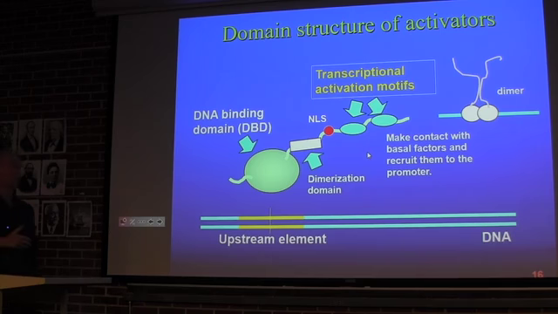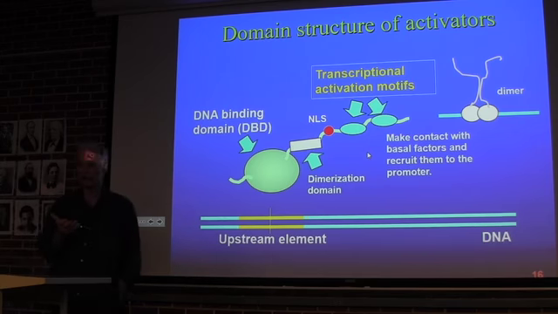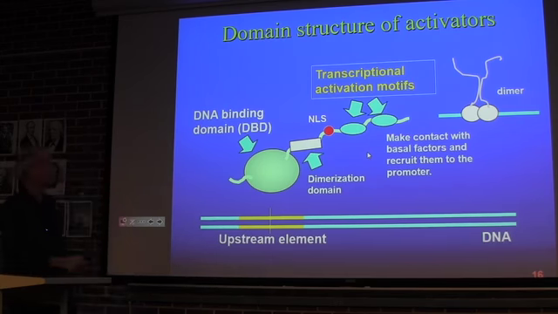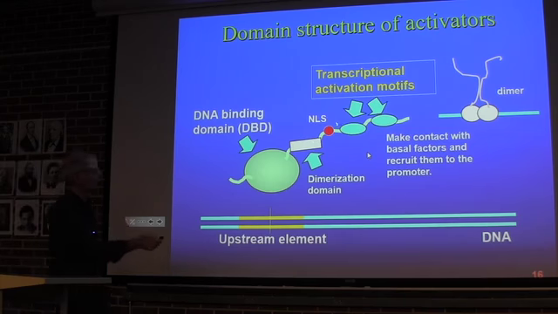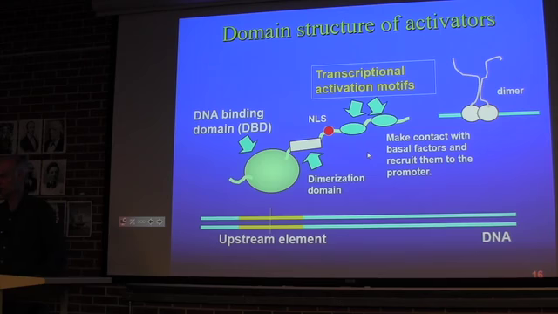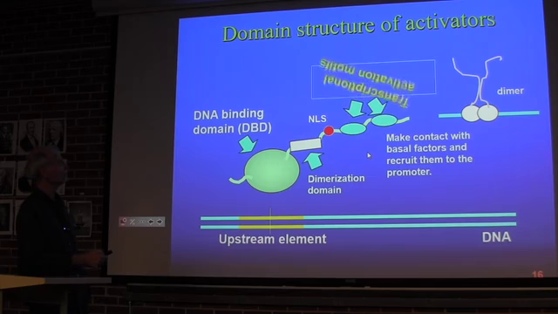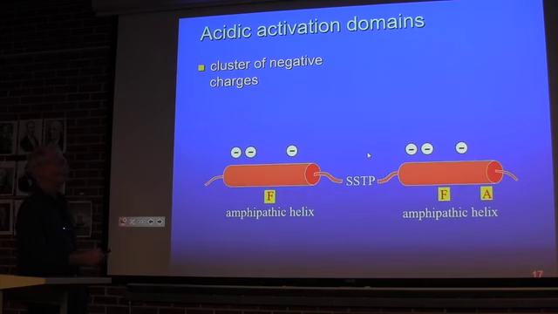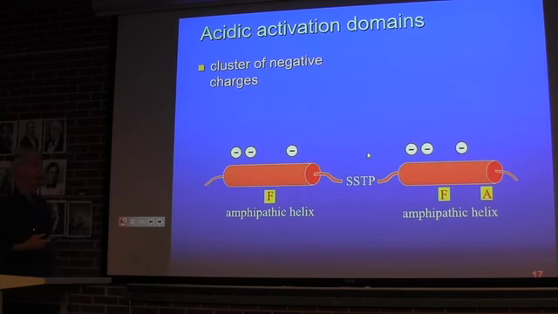So the next part of a transactivator, besides the nuclear localization motif, is the transcriptional activation motif. I mean, how complicated should that be to activate transcription? It sounds like it should really be something quite elaborate. It turns out, again, it's a very simple design. It's actually a couple of helices again.